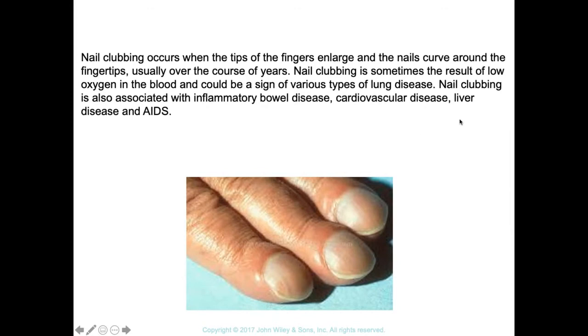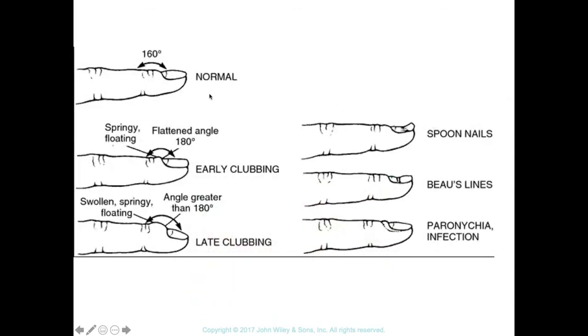People with AIDS, people with liver disease, but they call it nail clubbing. Clubbing, this is normal. This gets a little bit thicker. That's early clubbing. Then this becomes really thick, and that starts to club downward. Opposite of spooning. Spooning is like a spoon up. Okay, spooning is coming up like this.